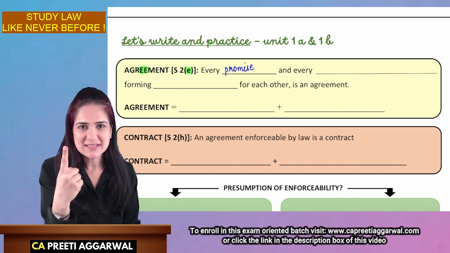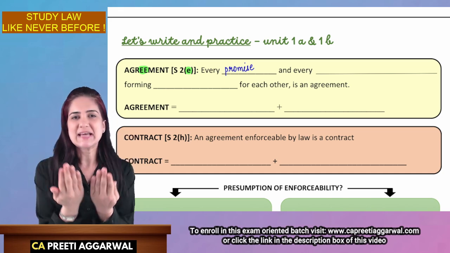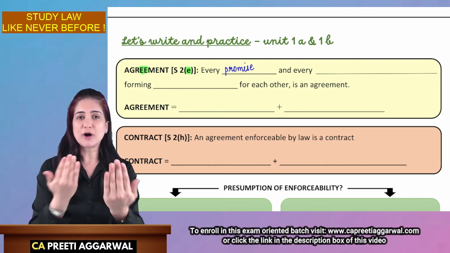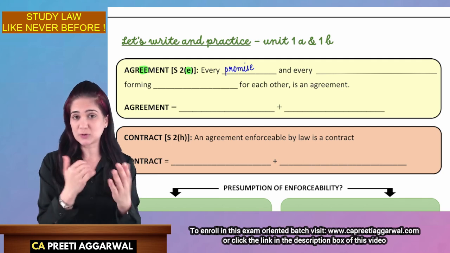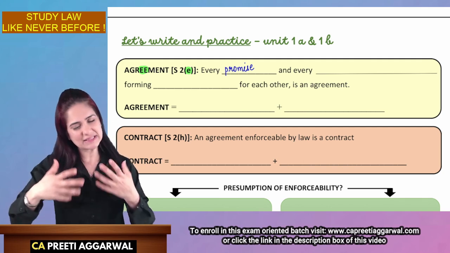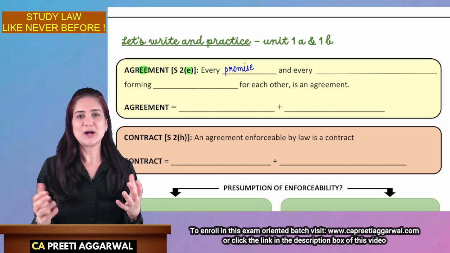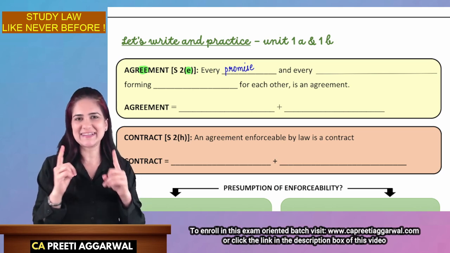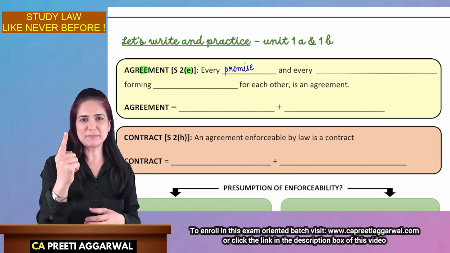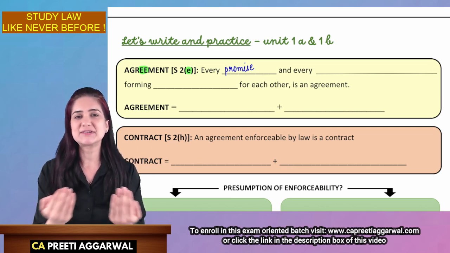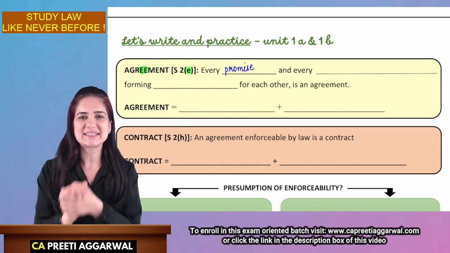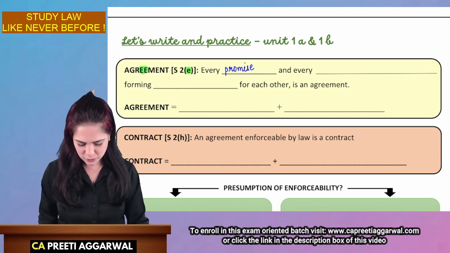Every promise and every set of promises forming consideration for each other is an agreement. Did you notice the hand movements? It may seem childish right now, but in the exam you will be able to write the definition as it is. Every promise and every set of promises forming consideration for each other is an agreement. So that becomes so easy.